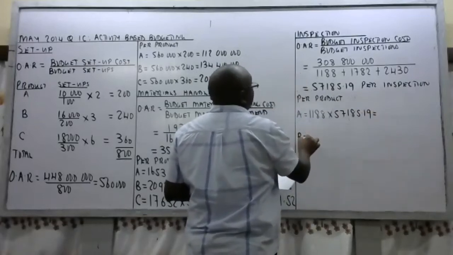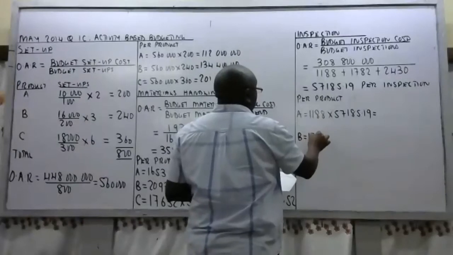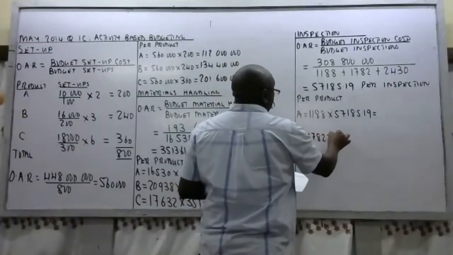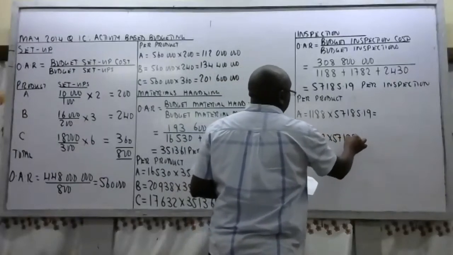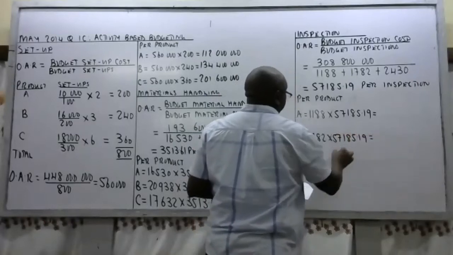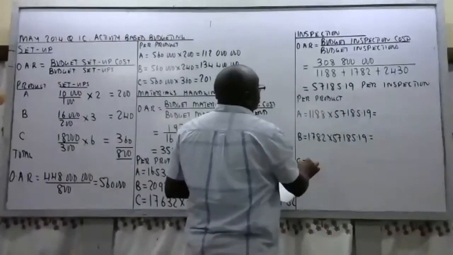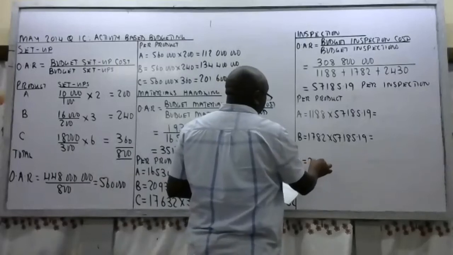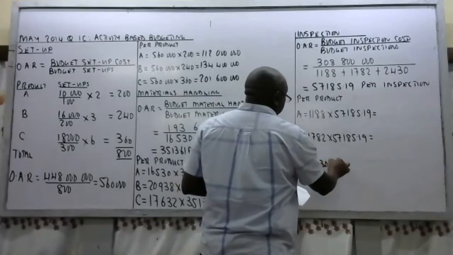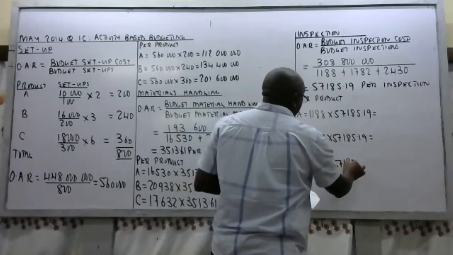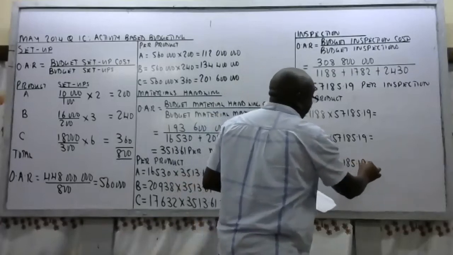B should receive 1782 times 57,185.19, and C should receive 2430 times 57,185.19.